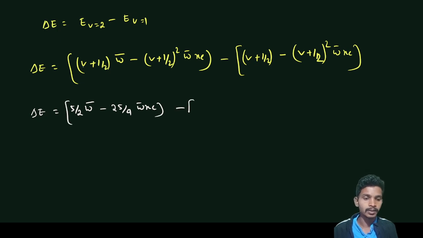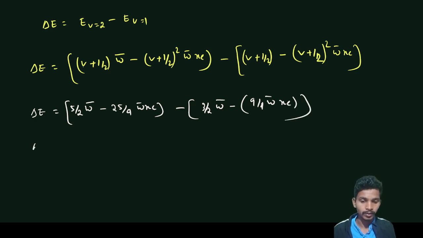And for v equal to 1, this becomes 3 upon 2 omega minus 9 upon 4 omega xe.